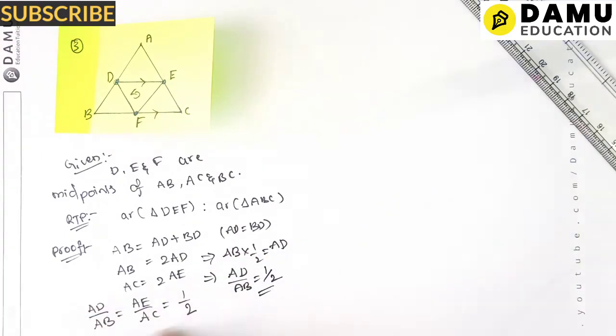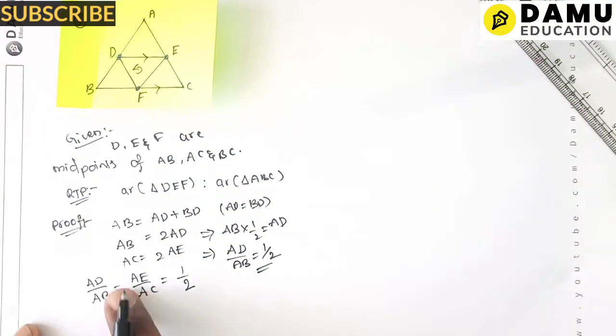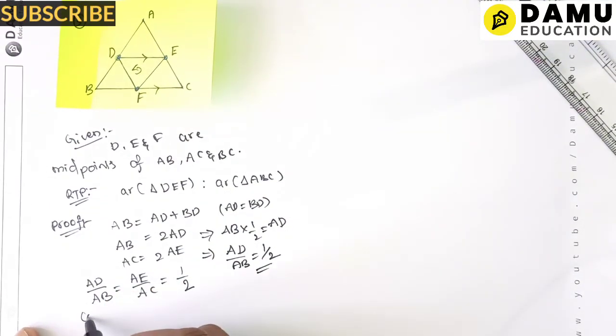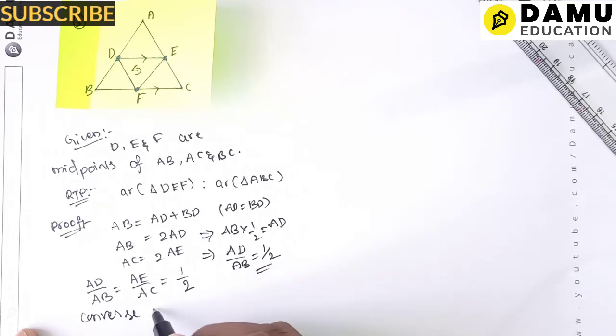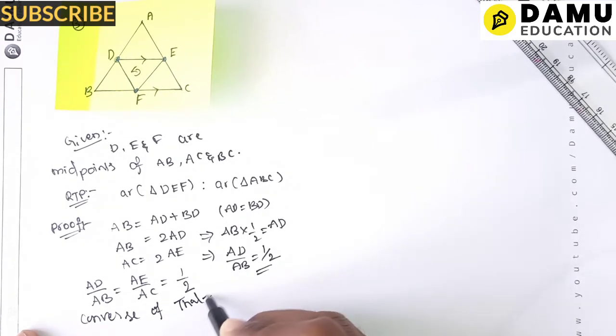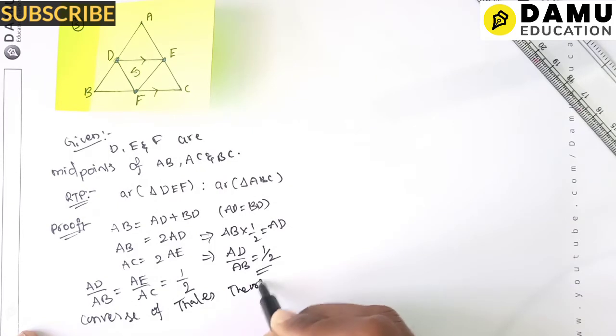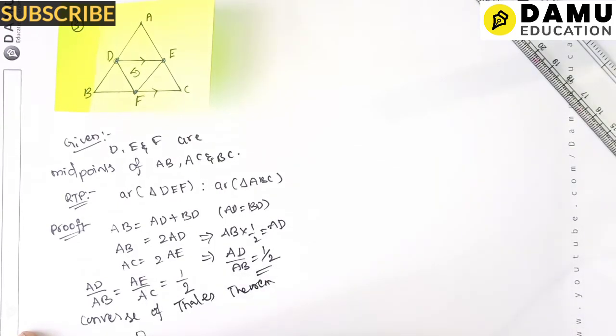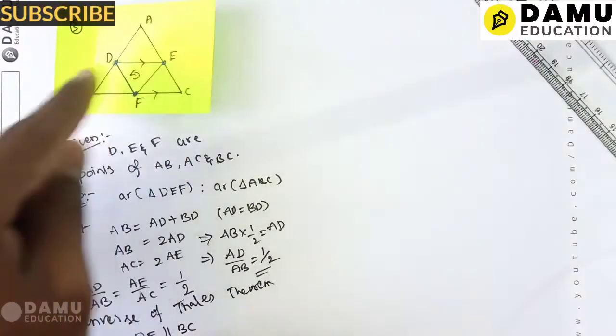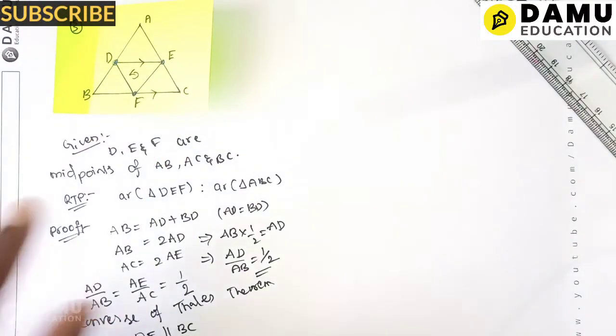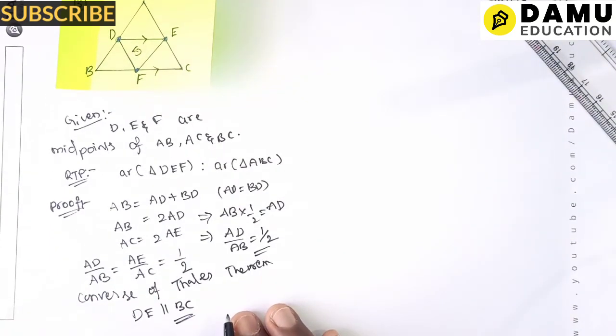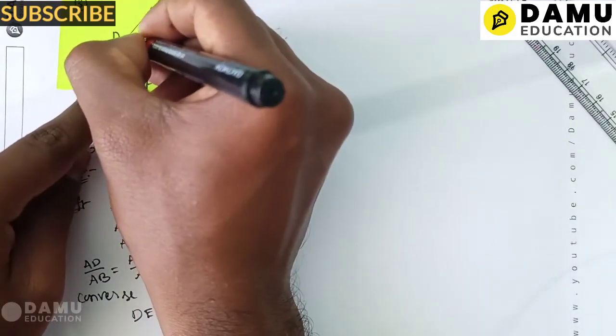So from these two ratios, if the ratios in the two triangles are equal to each other, then by the converse of Thales theorem, the basic proportionality theorem, DE is parallel to BC. So the two are parallel. Then, if two sides are parallel, let's consider the angles of these two.